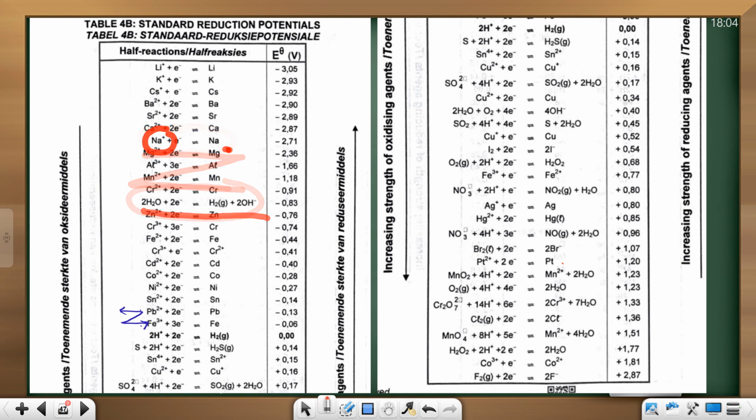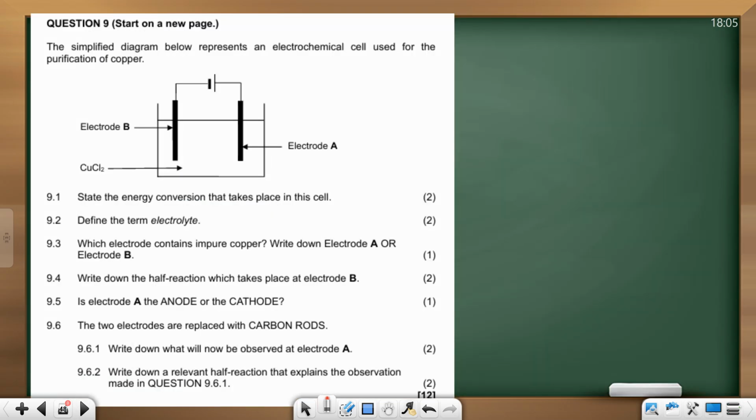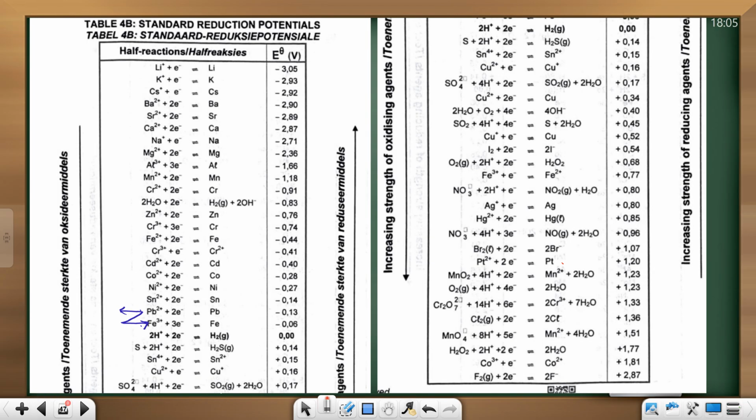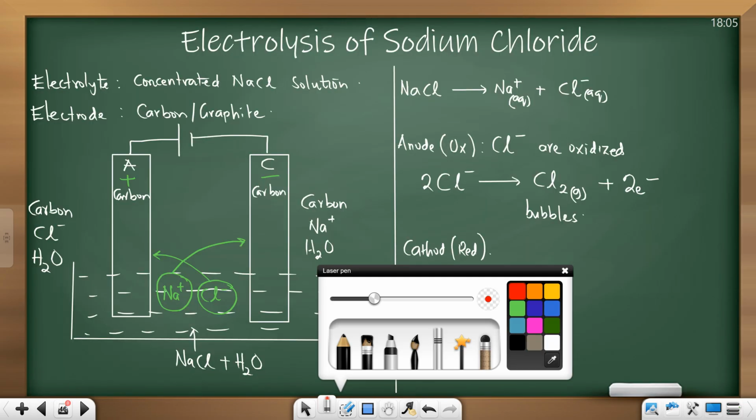So I want you to see that the table tells you what's going on. We don't have sodium, we have sodium ions. We have water. So water will be what? Reduced. Why is water reduced? We are at the cathode. Okay. So look at the equation. Water is now what? Reduced. What will the equation be?